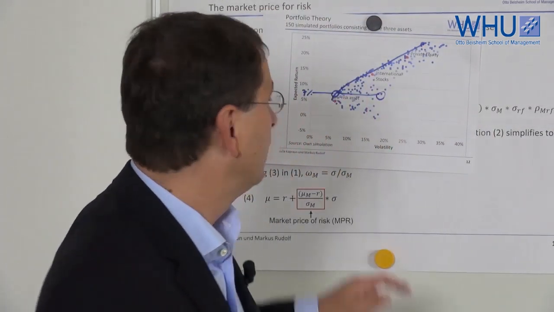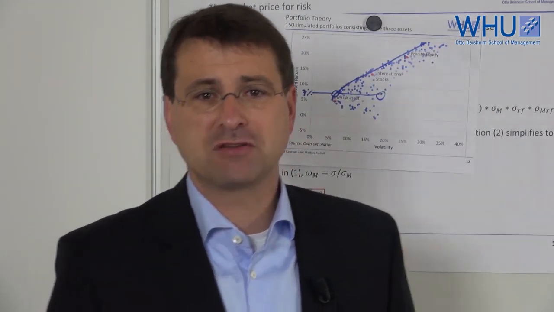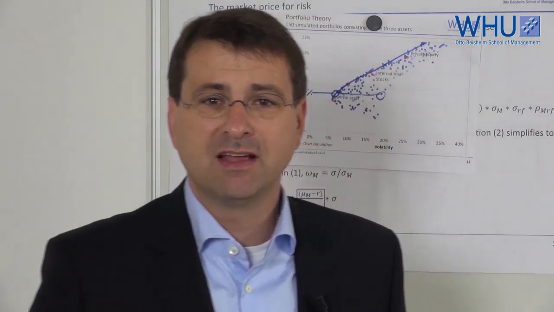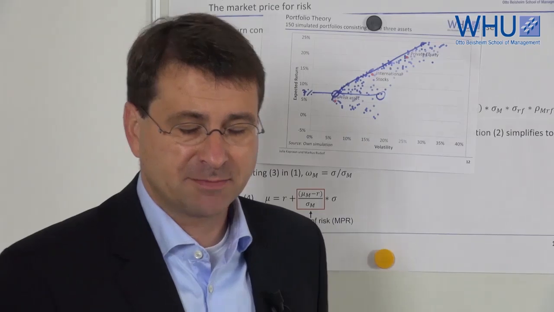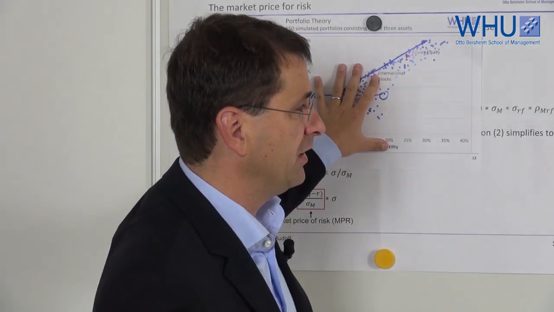So all of the portfolios along that line are the most efficient portfolios that you could invest in, because they reveal the lowest volatility given an expected return level. So that's the first chart that you have here.